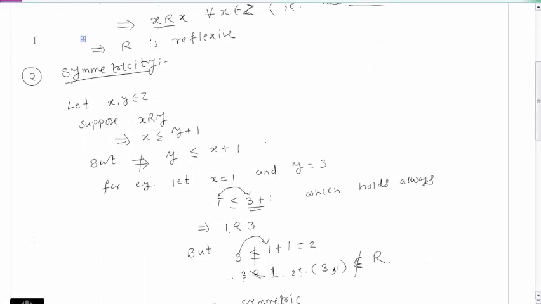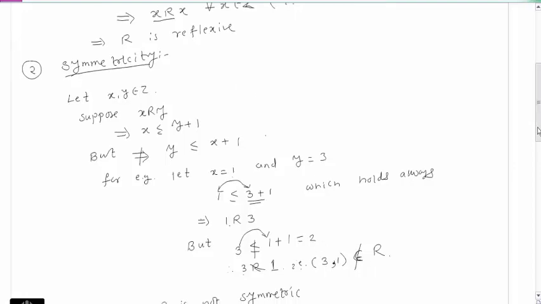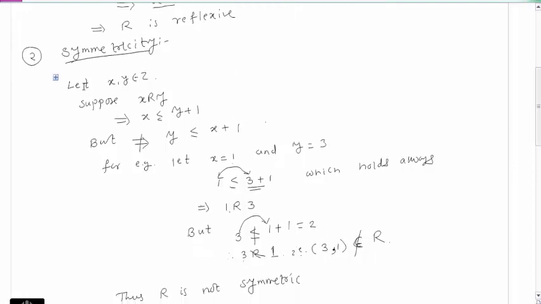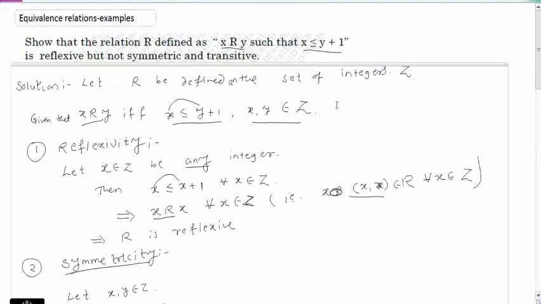Now we have to check whether this relation R is symmetric or not. For that, consider x, y belonging to Z and suppose x is R related to y. X is R related to y means what? How is this relation R defined?